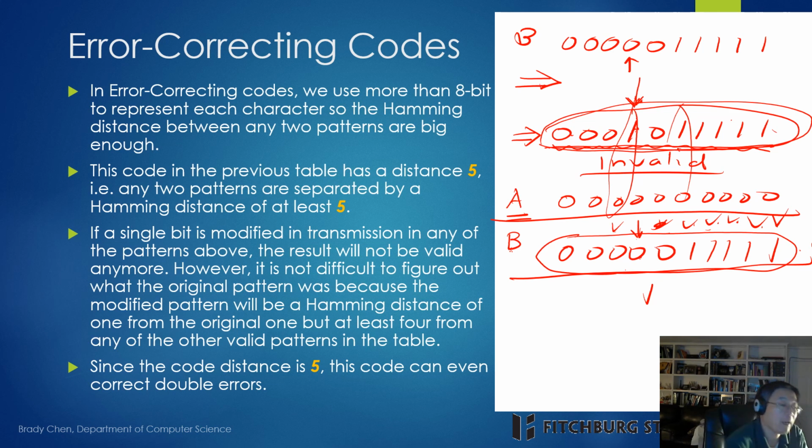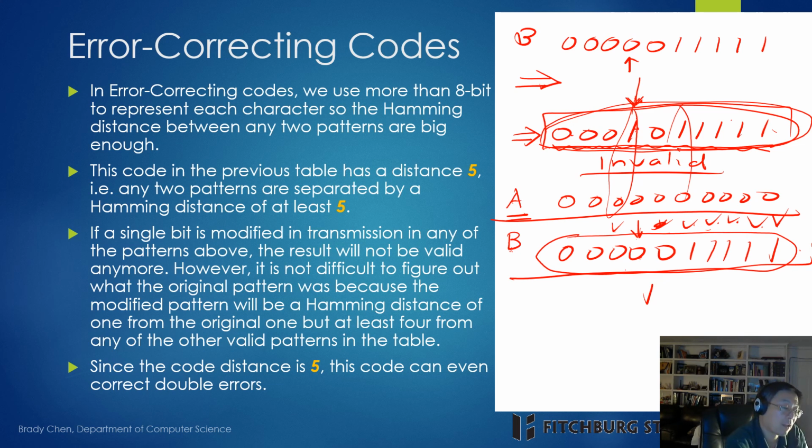Now we can compare the received bit pattern with C, D, E, F, and we find out none of these has a shorter distance than 1. So that means B is the closest letter to the received pattern, even though the received pattern is invalid.